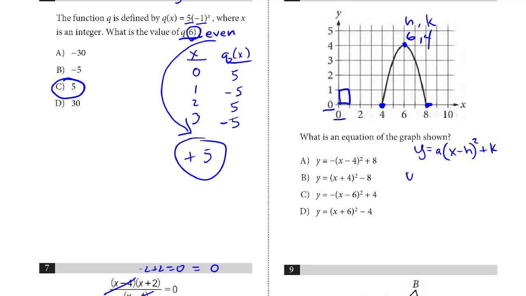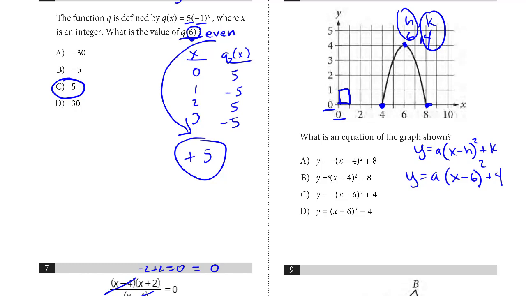It's going to be y equals a times (x minus 6) for the h value, squared plus k is 4 for the k value. And we just need to figure out what a is.